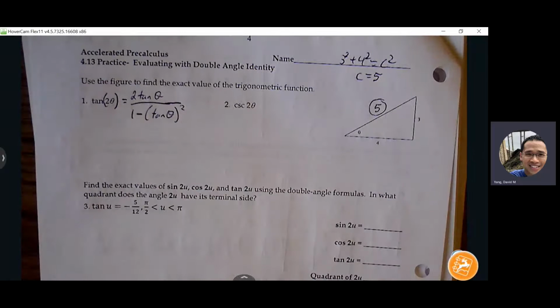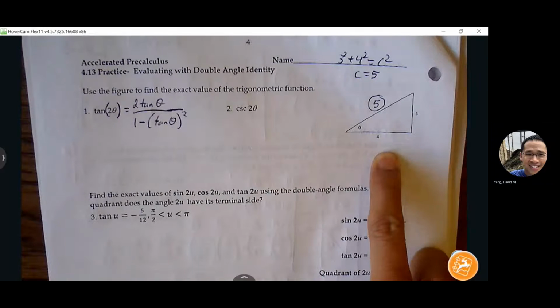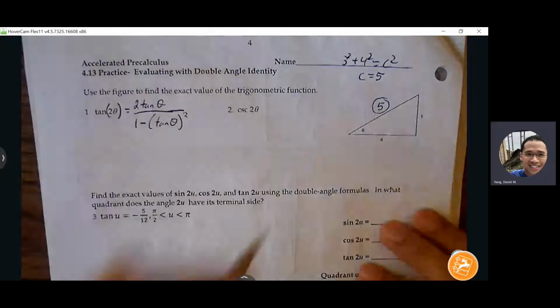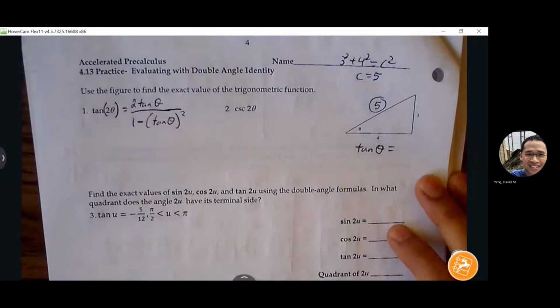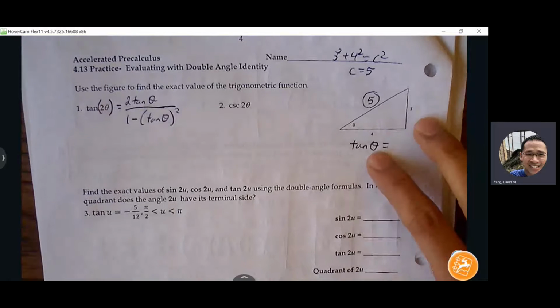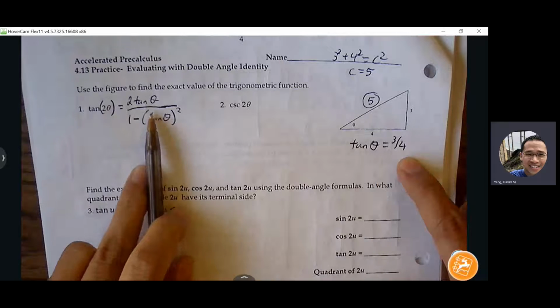Okay, so tangent of theta, what's tangent of theta equal to based off this triangle? SOHCAHTOA? Yeah, opposite over adjacent, right? 3/4. Okay, so that's all we need to fill in.